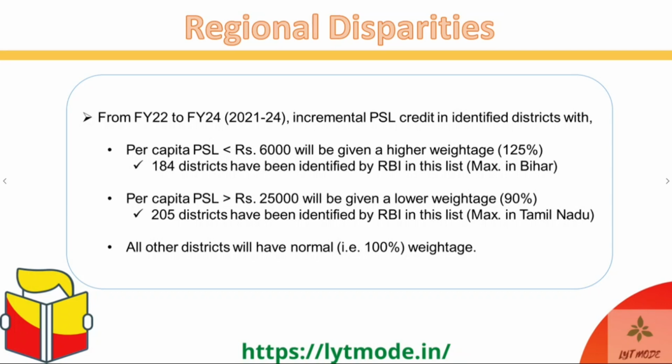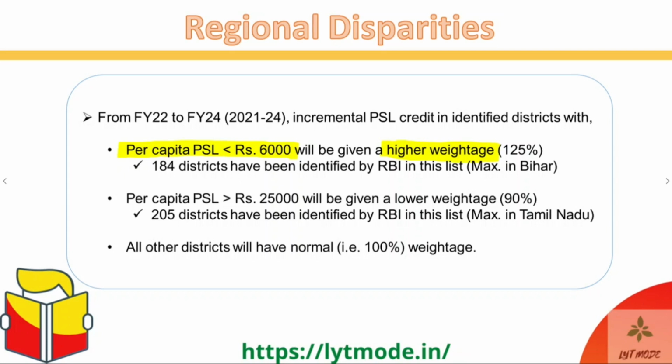The first category is the higher weightage category, where the per capita PSL lendings are less than 6,000.